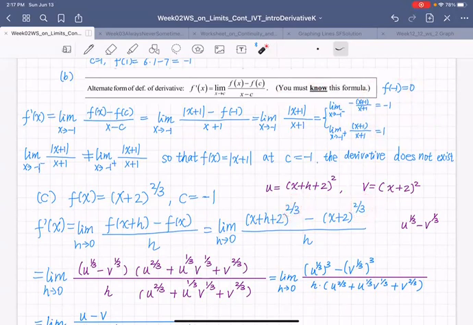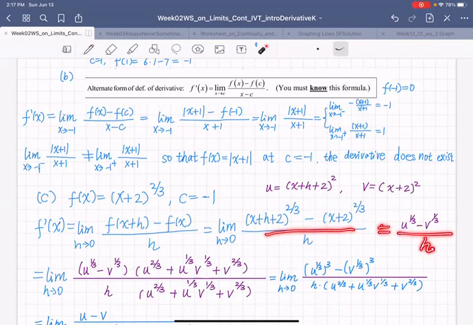But here is a trick. If we use that guy called U, and this guy called V, then this becomes U to the power 1/3, and this becomes V to the power 1/3, correct? No problem, right?